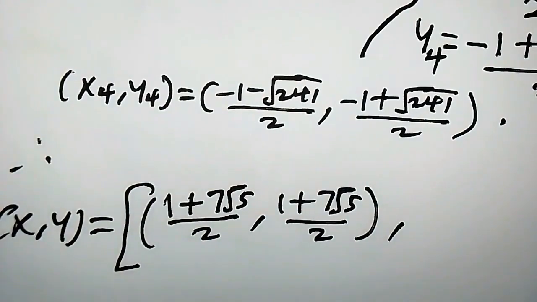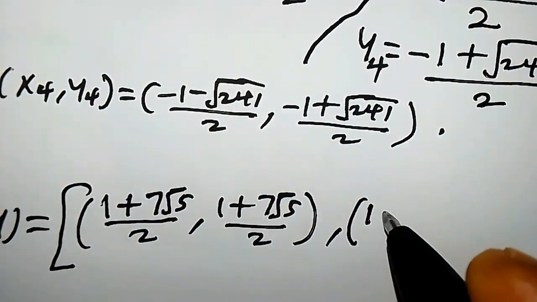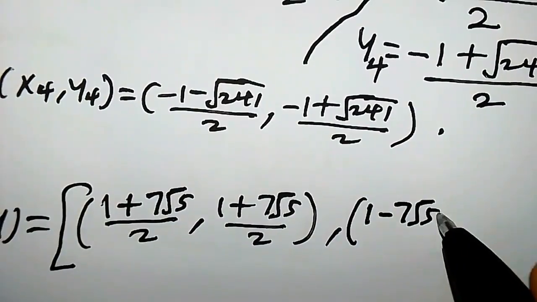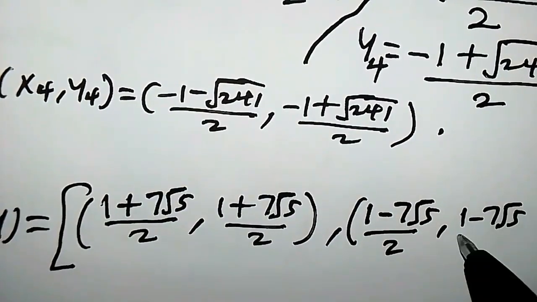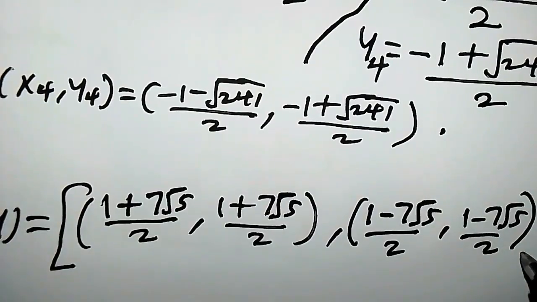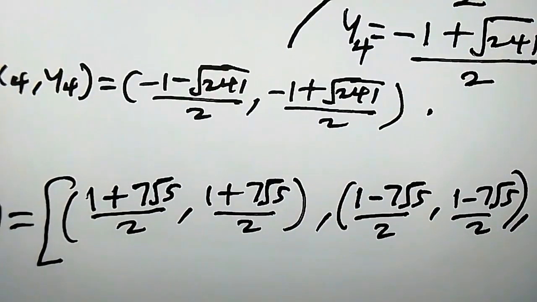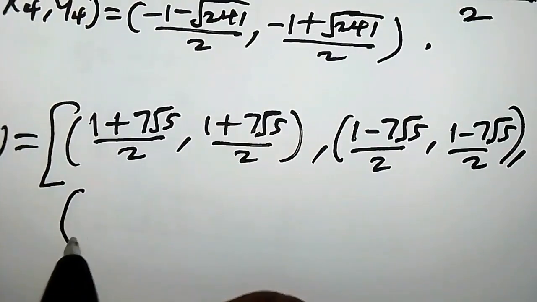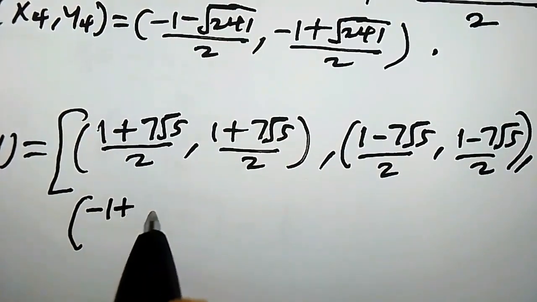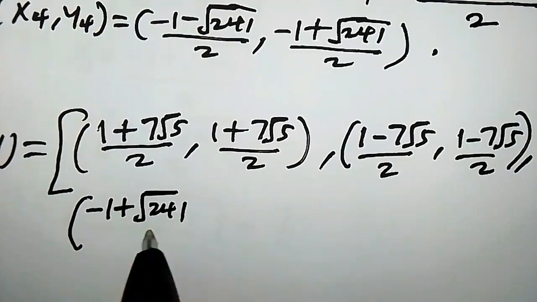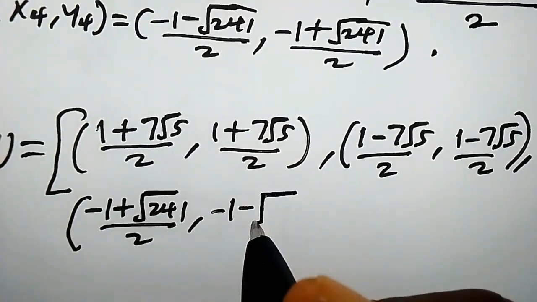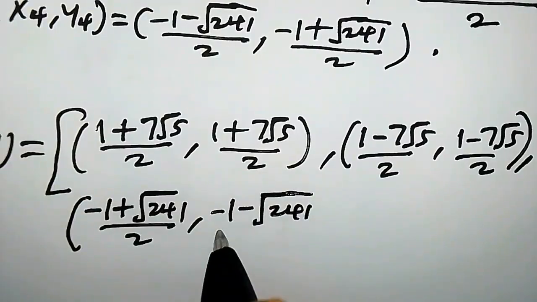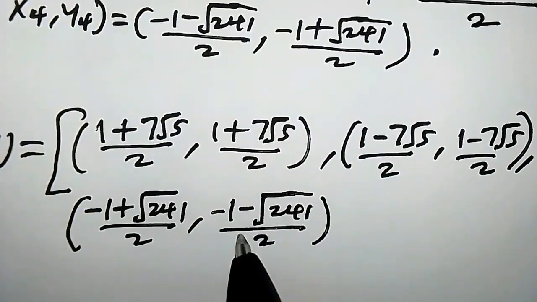The second solution is 1 minus 7 root 5 divided by 2, comma, 1 minus 7 root 5 divided by 2. This is the second solution that we have. And the third solution is, let's write it here, minus 1 plus root 241 divided by 2, comma, minus 1 minus root 241 divided by 2. This is the third solution.